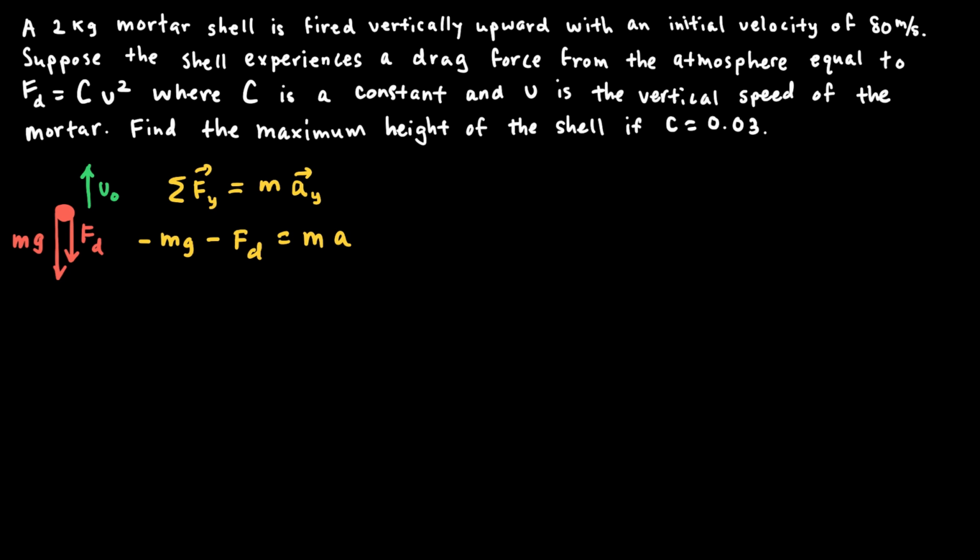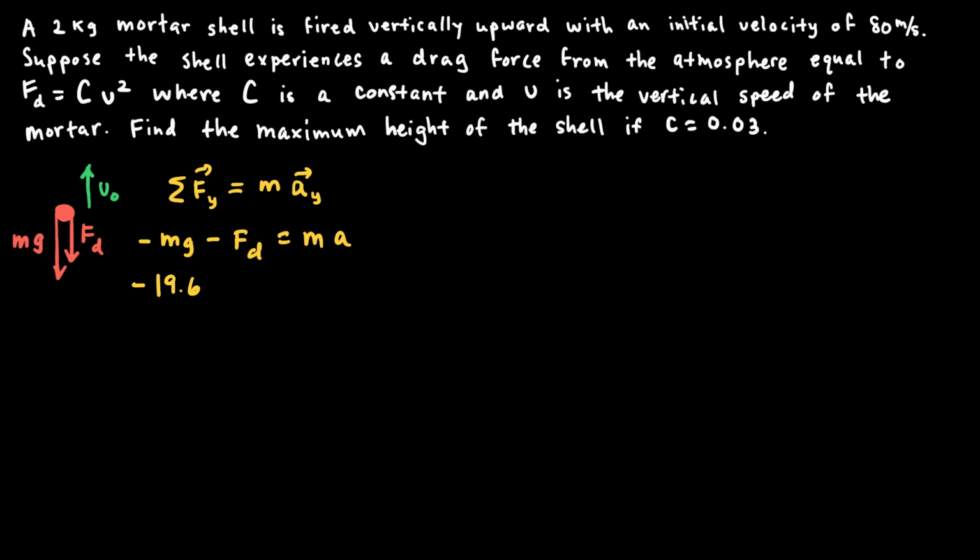From here, the next step is to plug in some of the numbers that we know. So the mass of the object is 2 kilograms times g. That's the first term in the equation. And so 2 times g, if g is 9.8, gives us 19.6. So the first term is minus 19.6.